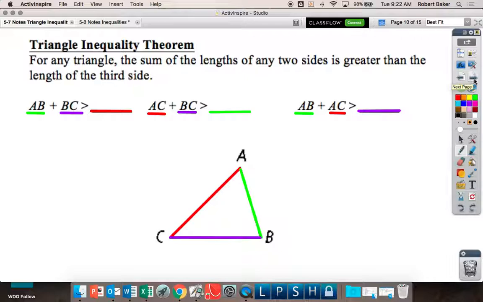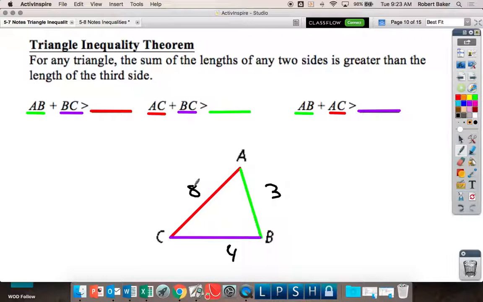This is number 8. This is that last thing that Bob was trying to build. Let's say I have a triangle that's 3, 4, and 8. Okay, this is called the Triangle Inequality Theorem. This is the last test question. It asks you yes or no. Does this triangle exist?